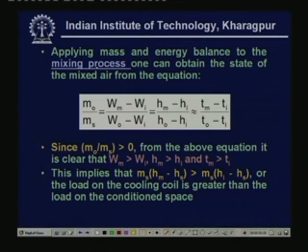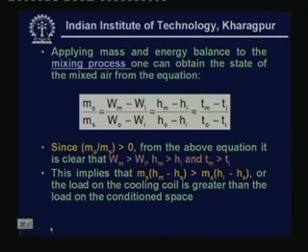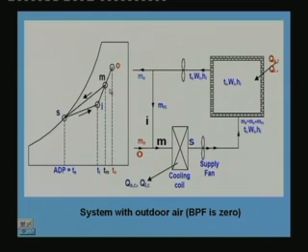This we have seen in the earlier lectures, when two air streams are mixed, how do we find the exit condition? So, here we have mixing of two air streams.